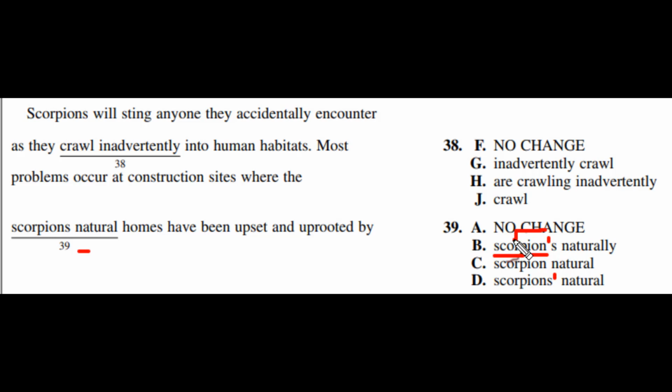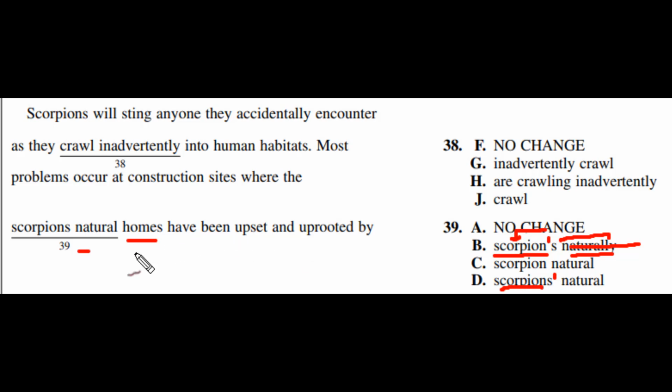In this case, answer choice B tells us there's one scorpion with possession of the words that come to the right: naturally homes. That means one scorpion owns its naturally homes. First of all, that sounds weird. And then we need to make a decision. Are we talking about one scorpion, or are we talking about, as D suggests, multiple scorpions?